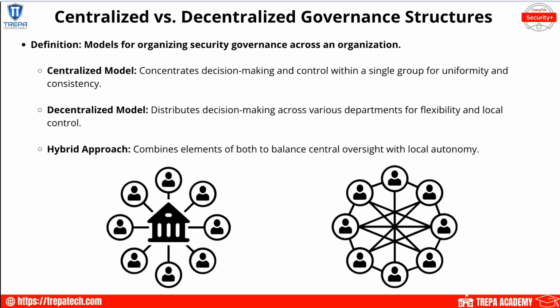Centralized versus decentralized governance structures. In a centralized model, decision-making control is concentrated within a single group, whereas decentralized distributes that. If we have a large organization, do we want one group making decisions for the entire organization, or do we distribute that between our regions?